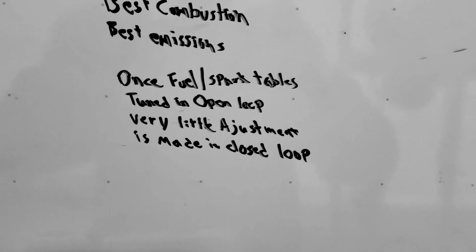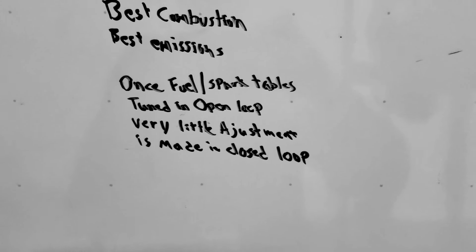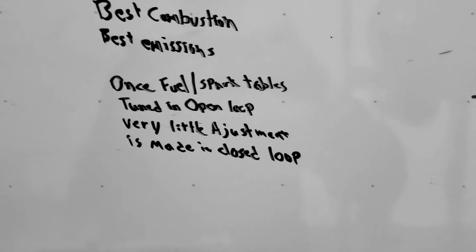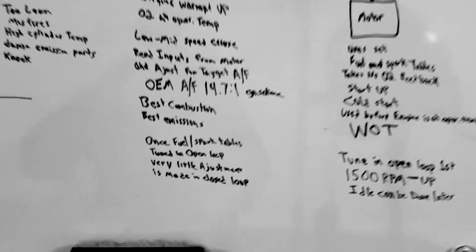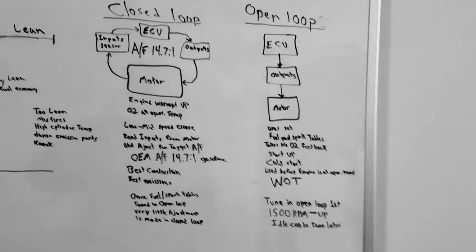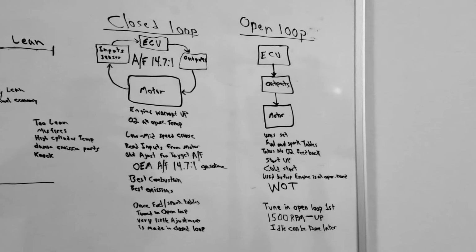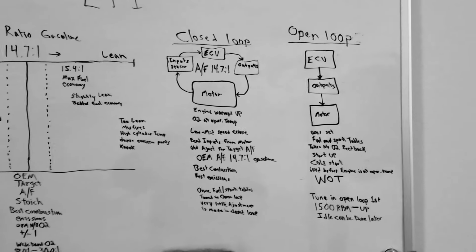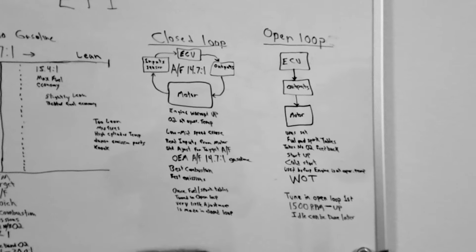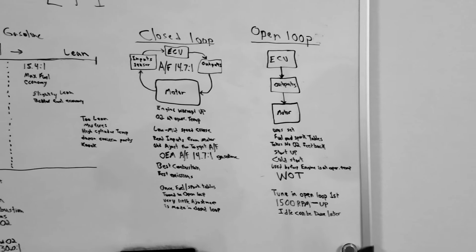Once fuel and spark tables have been set in open loop, very little adjustment should be made in closed loop. What that gives us is a car that has really good horsepower at wide open throttle. And when it goes into closed loop, we're still going to have a very efficient motor that gets decent gas mileage too.